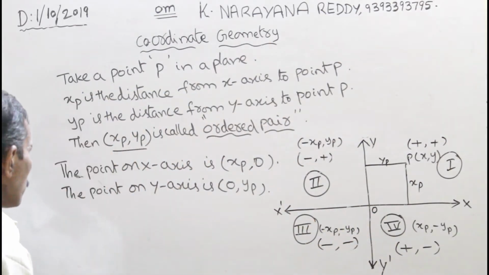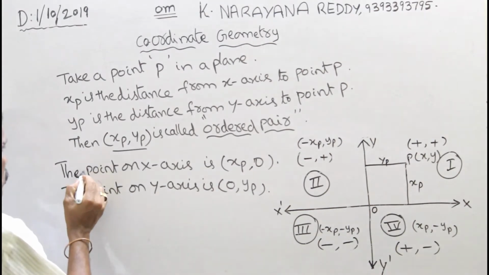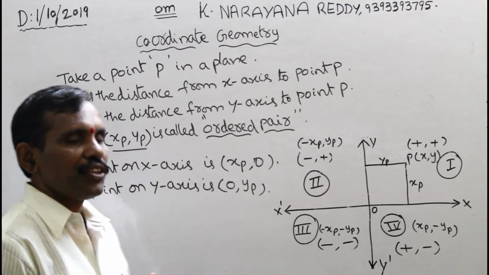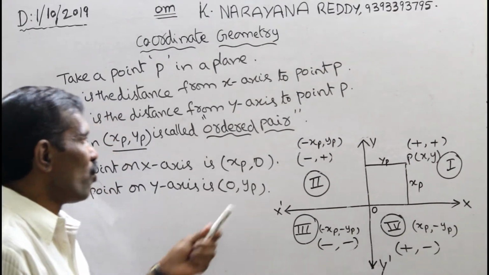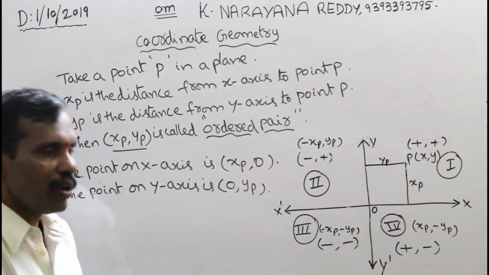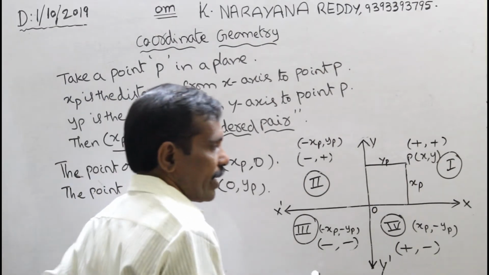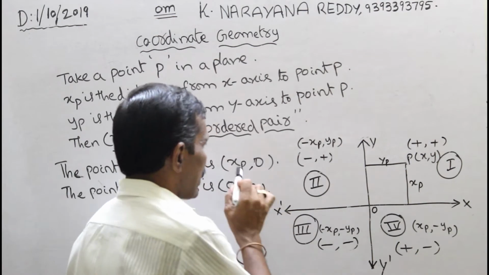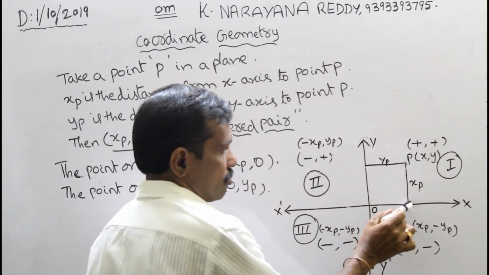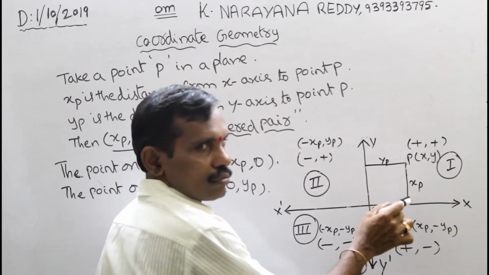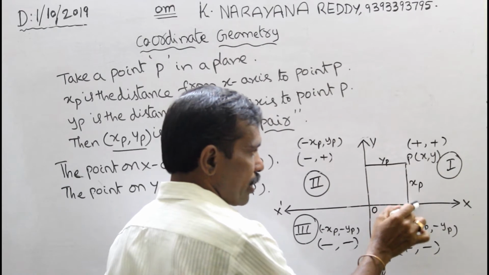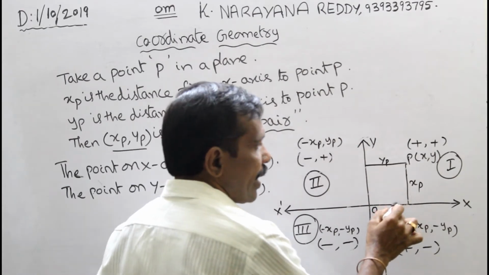See here, the point on the x-axis. The point on the x-axis means y coordinate 0. Why? Because suppose we take some xp comma 0. xp is some point here. 0 means y is 0. So we can get it here. That is on the x-axis.